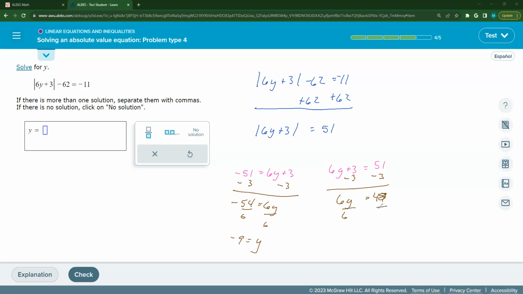Divide by 6. Y equals 8. So my answers for this problem, assuming that I actually have my division correctly, so I have a negative 9 and an 8, hopefully.